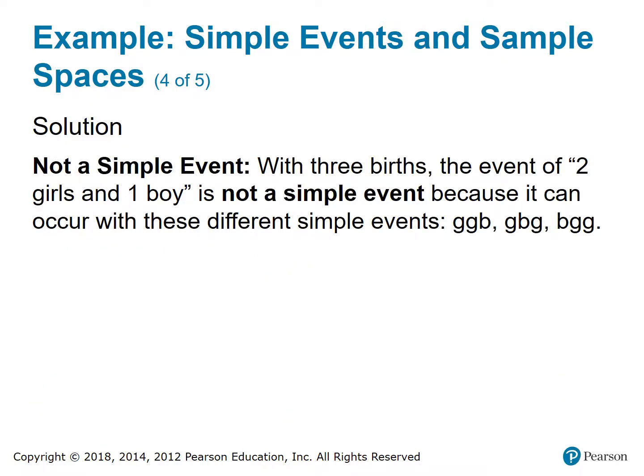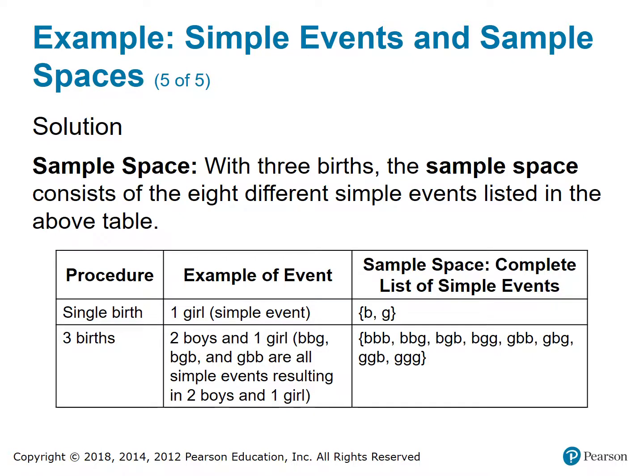Okay, so not a simple event. With 3 births, the event of 2 girls and 1 boy is not a simple event, which is what we just went over, because it can occur with 3 different simple events.